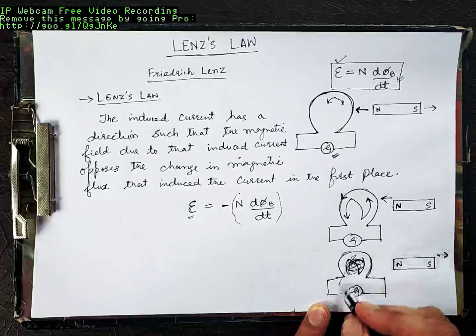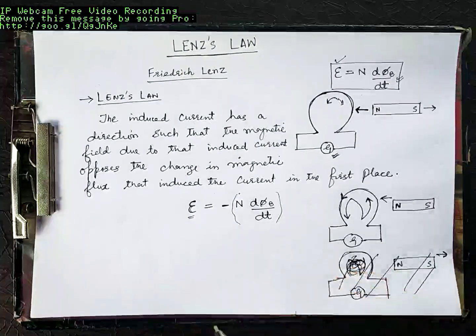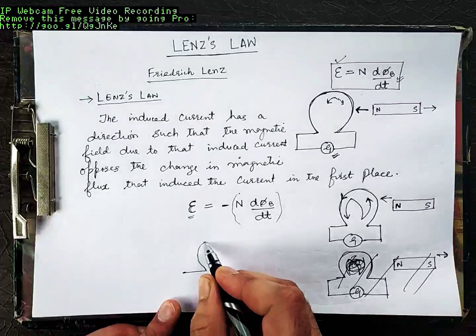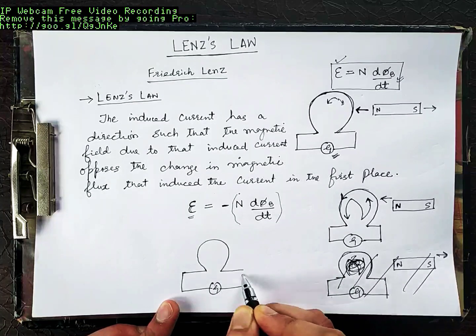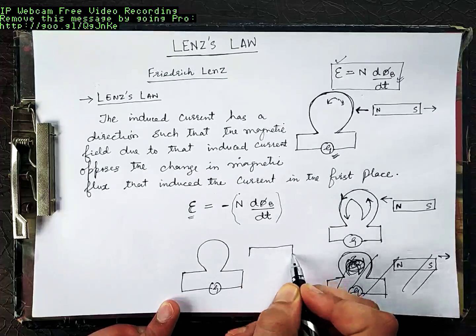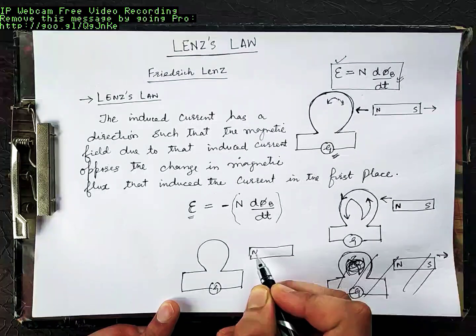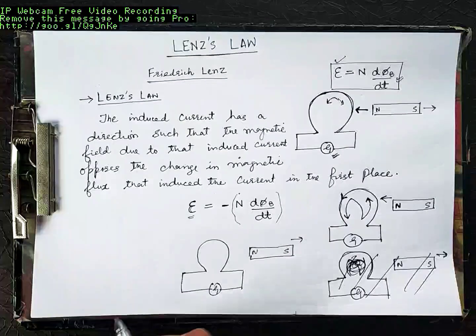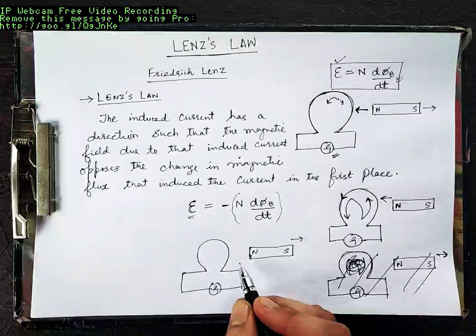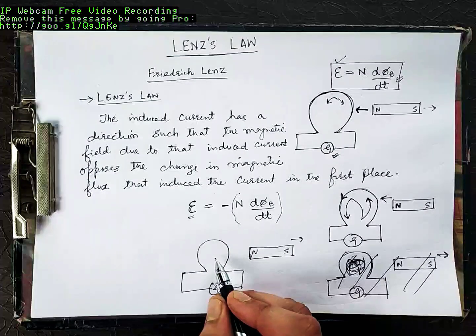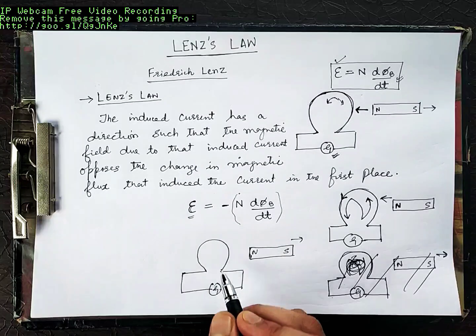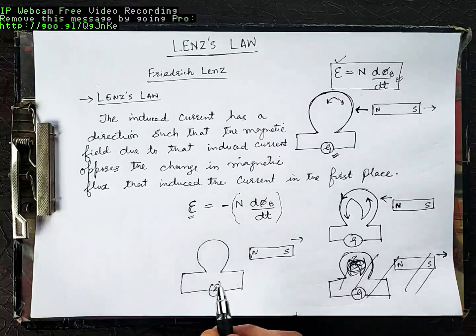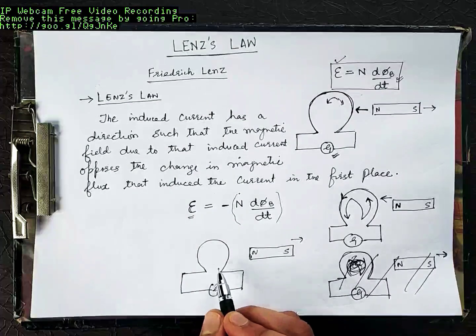I'll draw this again. You are pulling the magnet away from the coil, so the magnetic flux of the coil is decreasing. If the magnetic flux of the coil is decreasing, this coil will have an induced EMF that will produce a current.